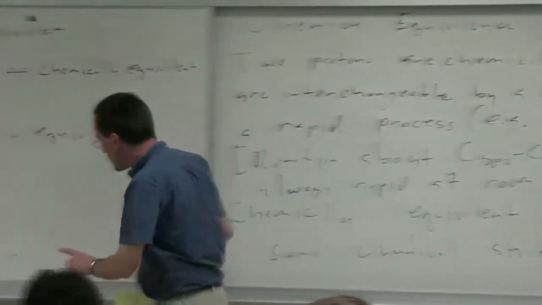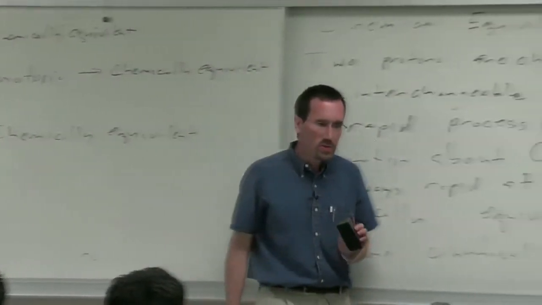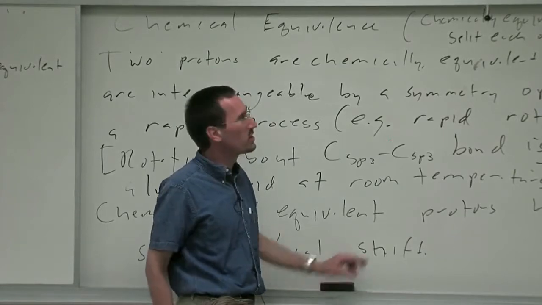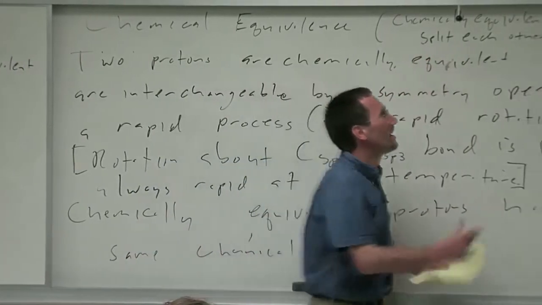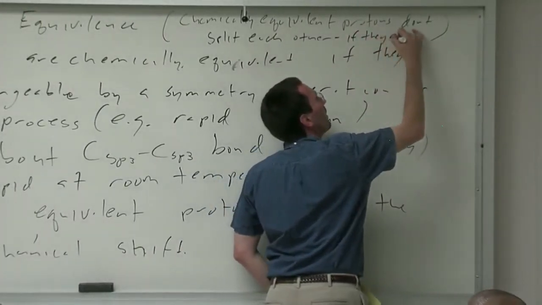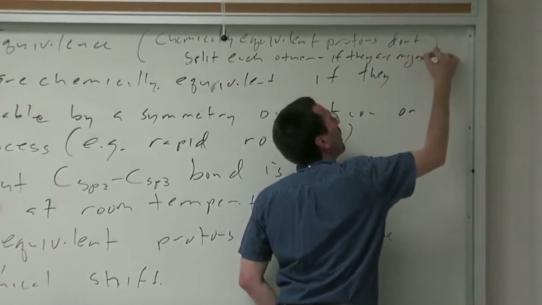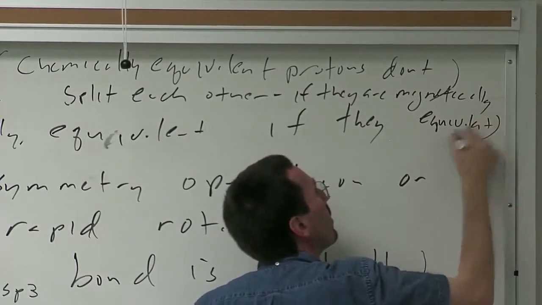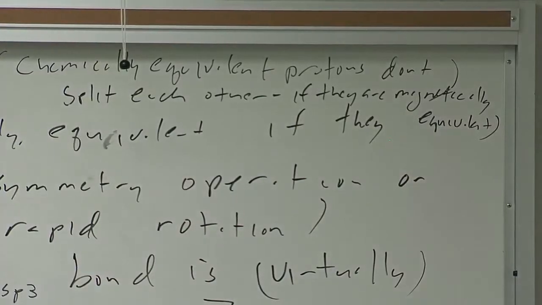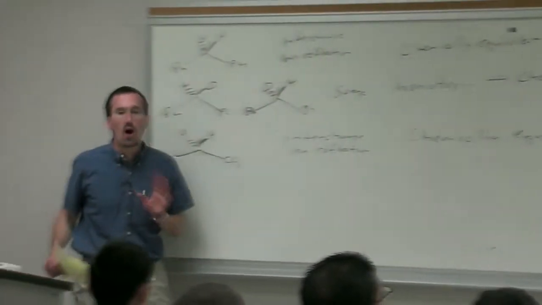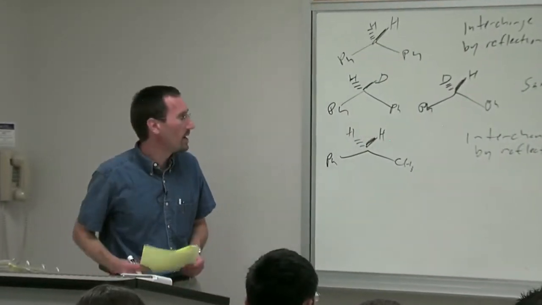Right now, I'm just going to leave it as there are two types of sameness, and chemically equivalent protons don't split each other if they are also magnetically equivalent. But we're going to get to that later. For now, the simple rule is chemically equivalent protons are the same in a certain way.